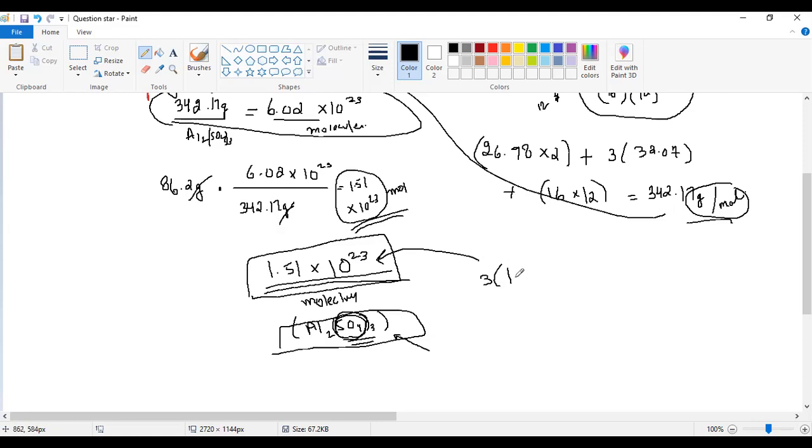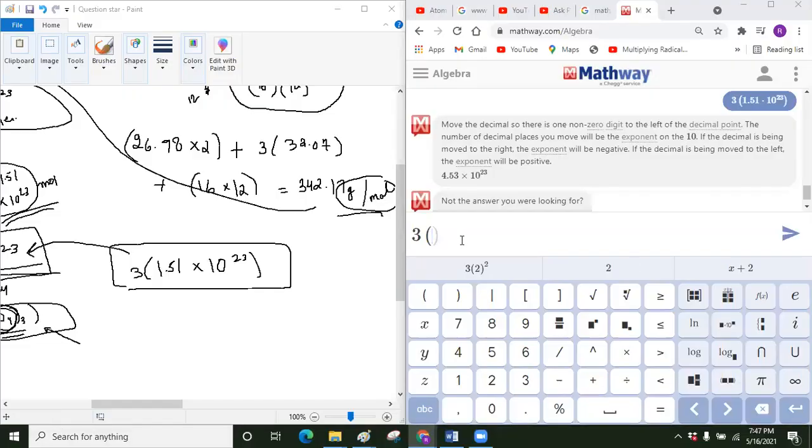So you'd have 3 times 1.51 times 10 to the power 23, and that essentially would give you how many SO4s you would have. And just to confirm that, let me go ahead and put it into a calculator. That would definitely give you the right answer.